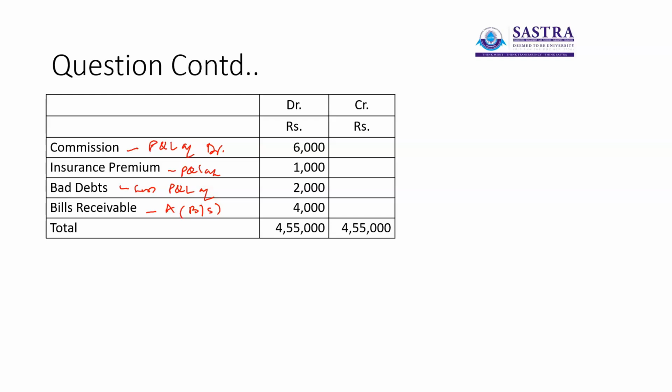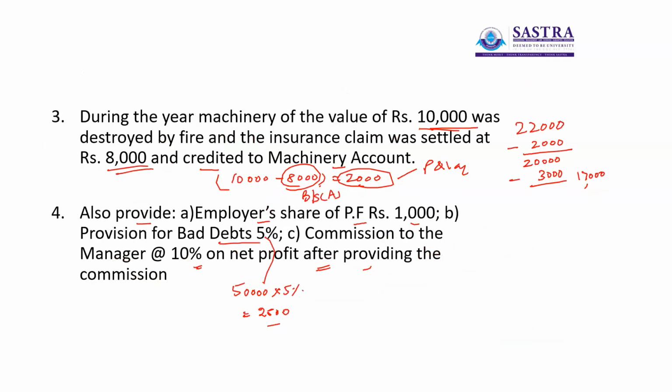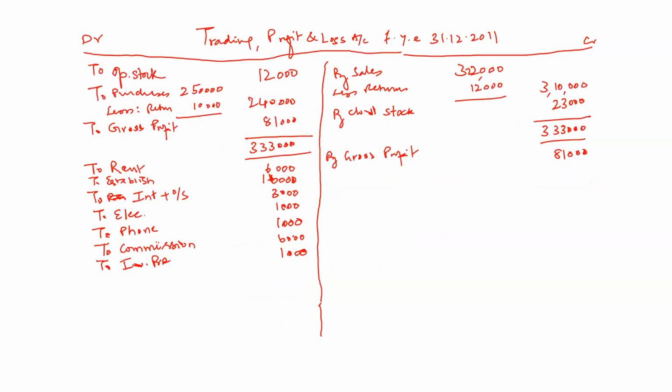Bad debts rupees 2,000. It is given in trial balance, so it should be taken directly as a loss to be debited to the P&L account. To bad debts, 2,000.